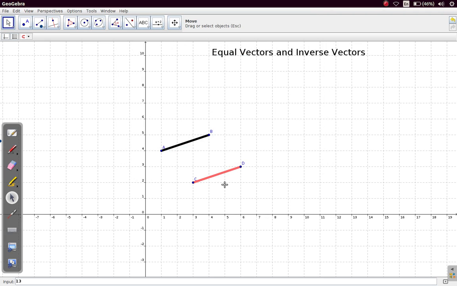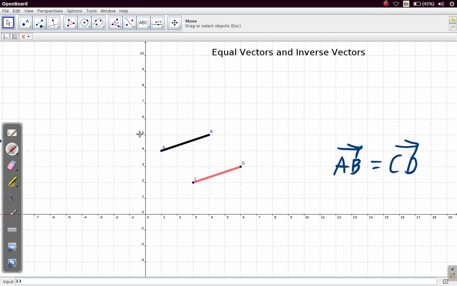They are equal vectors. So you can say that in this case, vector AB is equal to vector CD because they have equal magnitude and direction.